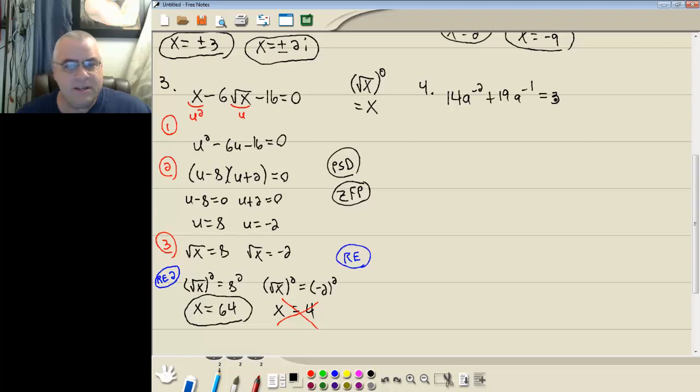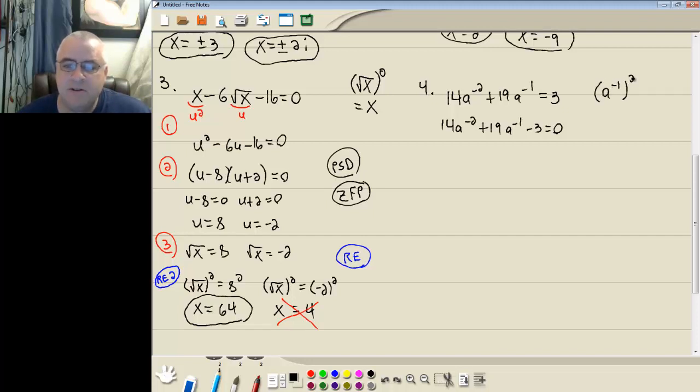It doesn't have 0 on one side, so I can take 3 over, though. So I got 14a to the negative 2 plus 19a to the negative 1 minus 3 equal to 0. The u-substitution, you do need 0 on this side. Okay, now we're assuming that our middle part here, the a to the negative 1, is going to be our u, but let's double check that.